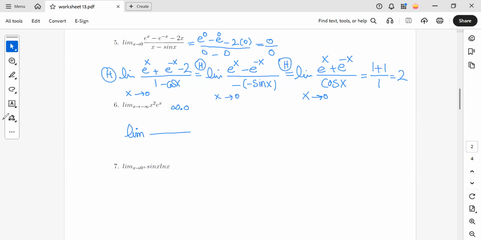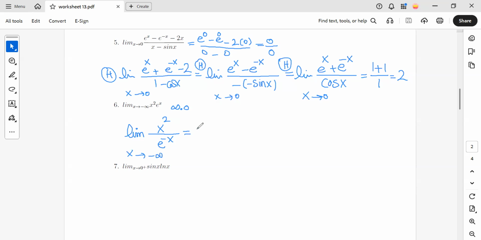We would use one of the ways that we can do. Sometimes one of them works, sometimes both work. It depends.